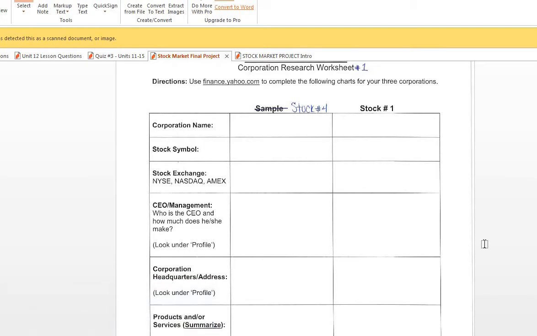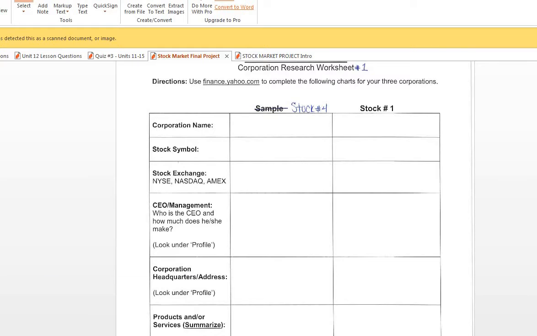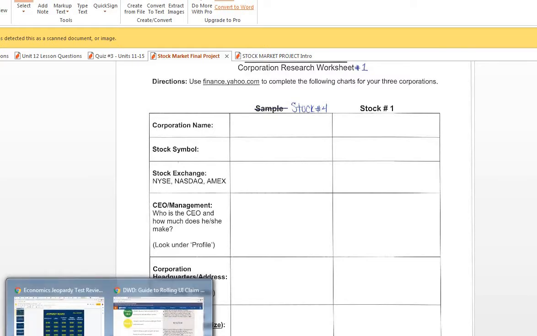Keep in mind, stocks are looked up by their ticker symbol. It is an abbreviated 4, 5, 6 letter combination of letters that make up their New York Stock Exchange stock symbol. So make sure that you are using that to look up your stocks each week. It's easier that way. A lot of companies prefer that method anyway.